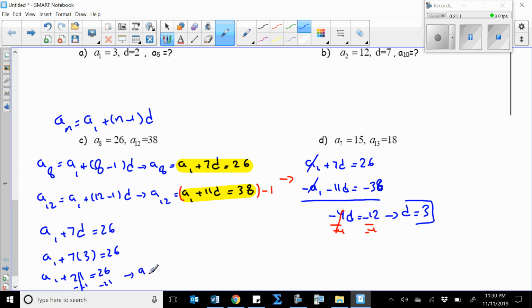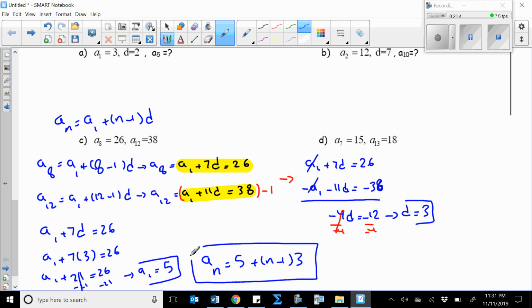So a1 will be equal to 5. Okay, now we have d and a1. I can easily write the general formula for the nth term. an will be equal to a1, which is 5, plus n minus 1 times d, which is 3. So this is the general rule for the nth term.